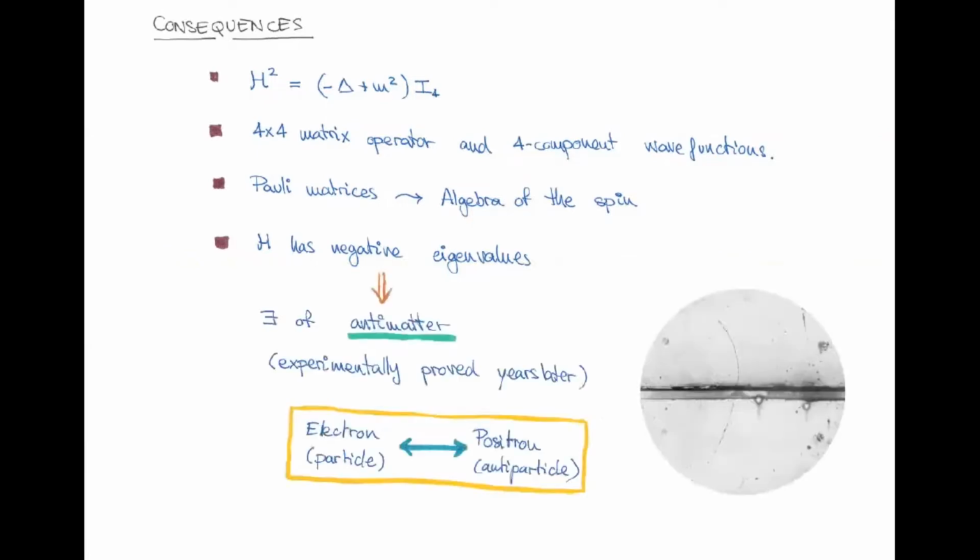And indeed, years later, it was proved experimentally that this is true. There exists what is called antimatter, where you have particles and antiparticles, things with positive energy and things with negative energy. So in a sense, the Dirac operator anticipated this experimental discovery.